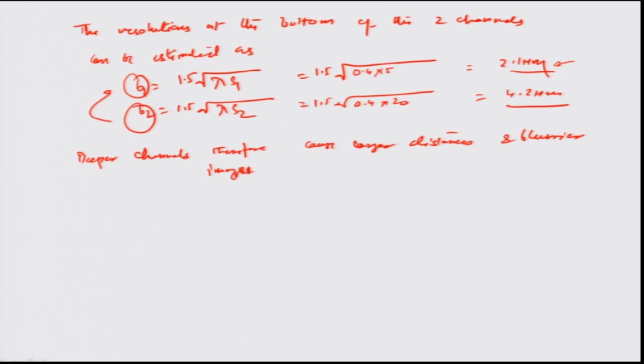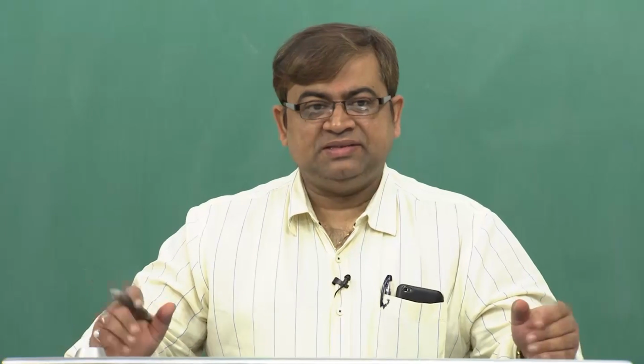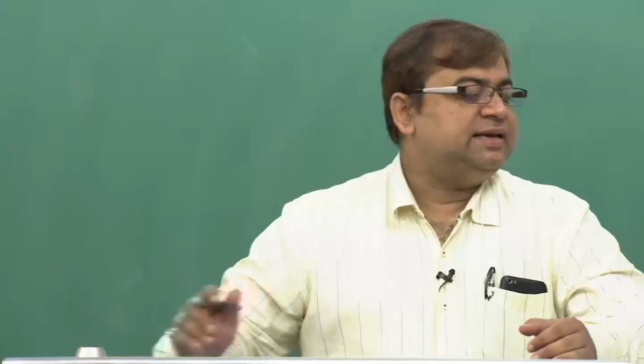So, it is obvious that you will have to plan the depth of the channel in a manner so that it does not go to an extent of messing up with the minimum feature size which is planned in the layout for the mask. So, you have to be very careful on planning that aspect of the mask in its design stage.